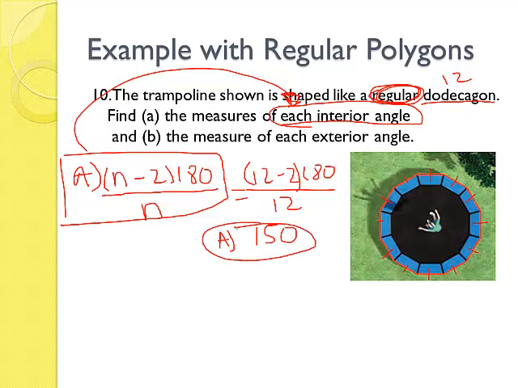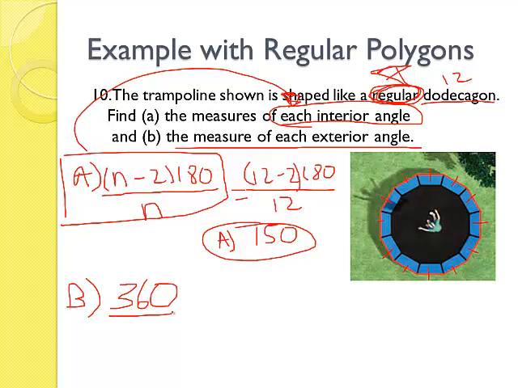Okay, the measure of each exterior angle. That requires a little bit of thought, but we know all the exterior angles of a polygon measure to 360, and it's a regular dodecagon. To find the measure of each exterior angle, we divide again by the number of sides.